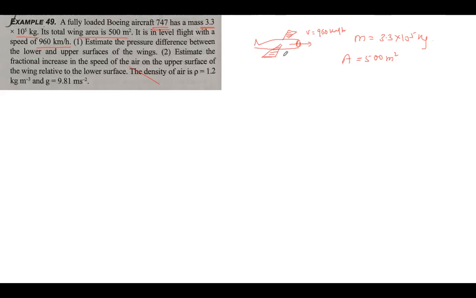So speed is 960 kilometer per hour. Now we know that the pressure difference will be, P1 plus half rho V1 square is P2 plus half rho V2 square. Estimate the fractional increase in the speed of the air on the upper surface of the wing relative to the lower surface. The density of air is given as rho is equal to 1.2 kg per meter cube. G is equal to 9.81 meter per second square.